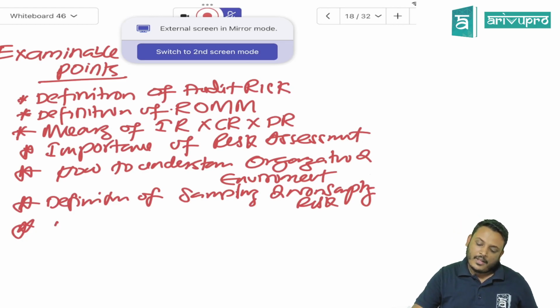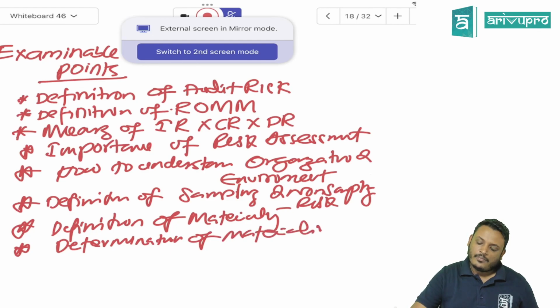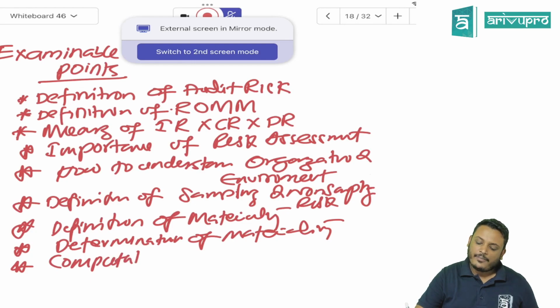Next one, definition of materiality. Next one, determination of materiality. Next one, computation and assessment of materiality.